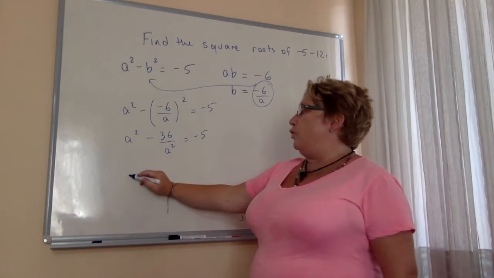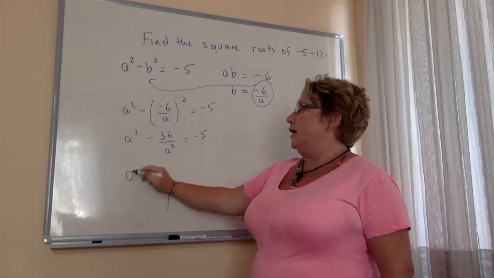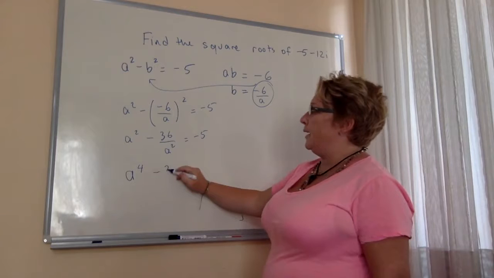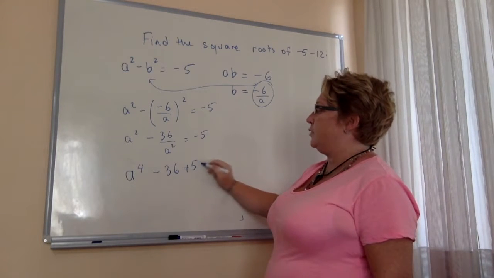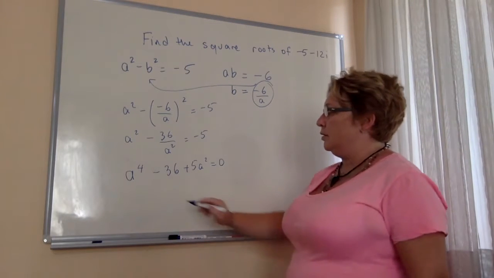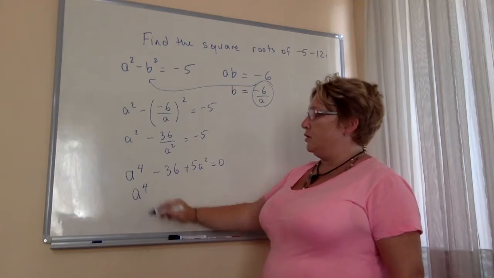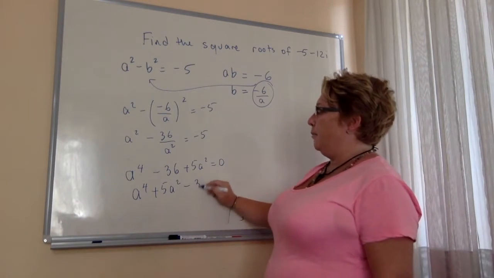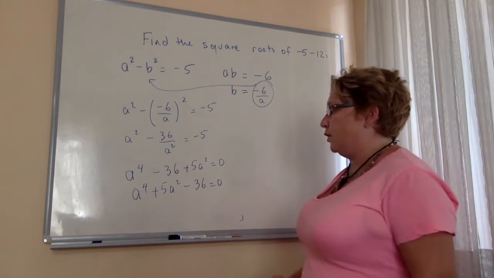If I multiply through by a squared and I transfer everything to one side, I'll get a to the fourth minus 36 plus a squared equal to 0. Let me rearrange that. So I'll have a to the fourth plus 5a squared minus 36 equal to 0.